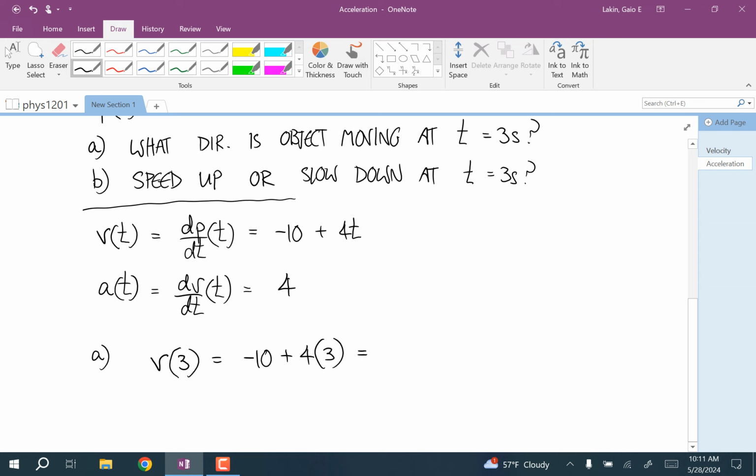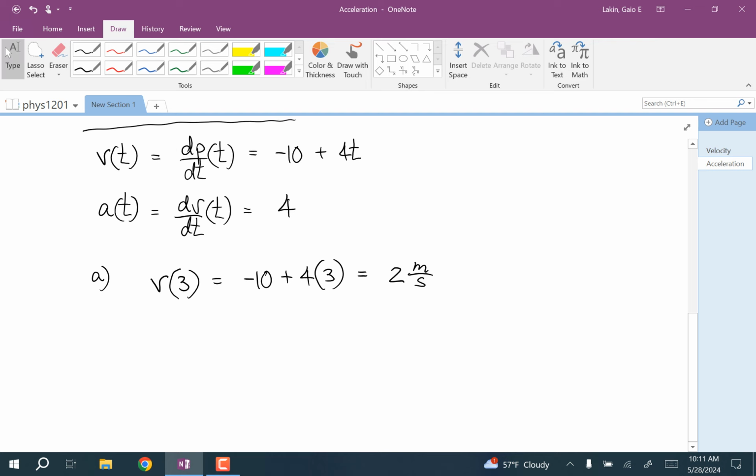And so you get 12 minus 10, which is positive 2 meters per second. What about the acceleration? The acceleration at 3 seconds, well, we saw that the acceleration at every time is 4, so it has to be 4.